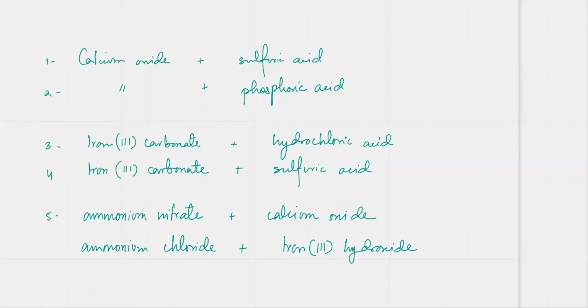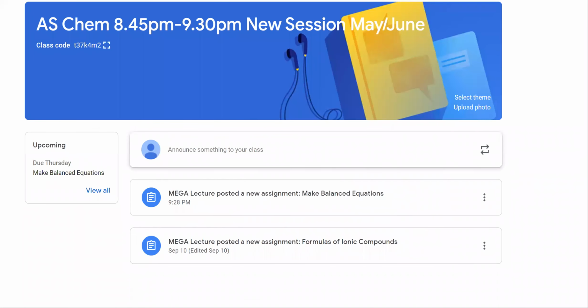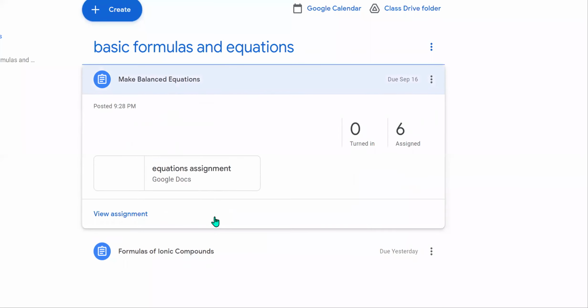Okay, I'm sharing the link. Do the assignment for balanced equations. I've posted a link in the classroom as well. There's 6 of them. So try and go through. I've shared the link to the board as well. So try and complete this.